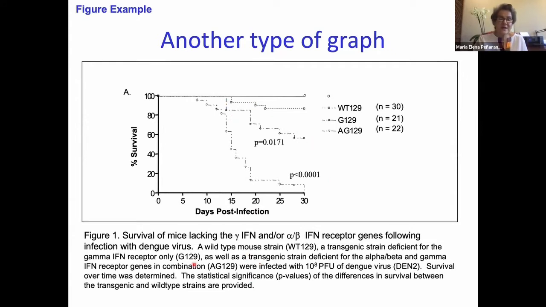And here the legend, I'm not going to go through it again, explains what kind of mice you used, what kind of infection you used, how many particles of dengue you added, the p-values, everything is done. So you see this and you understand perfectly what they did and what the results were, and what the population of each experiment was, how many mice they used.